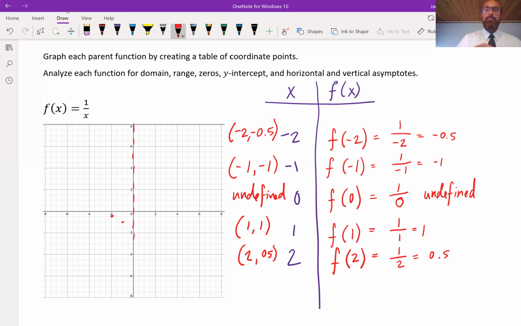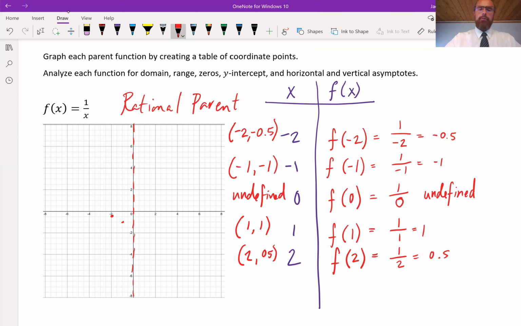So we're seeing some similarity here between this function, which we call the rational parent function, and the logarithmic base 2 parent function. Let's see if there's any other similarities or if there's other differences.